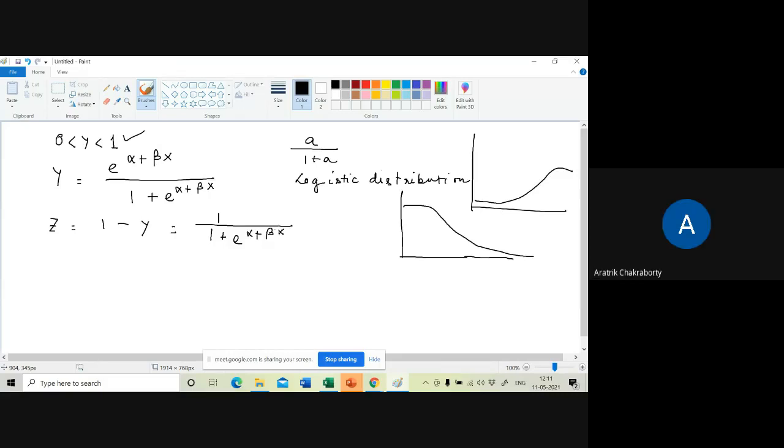Y by z. Everybody? Can we go for y by z? Yes, ma'am. Okay, so in that case, what notation will I use?